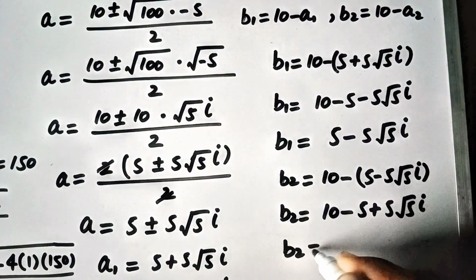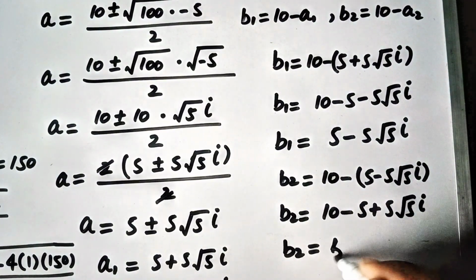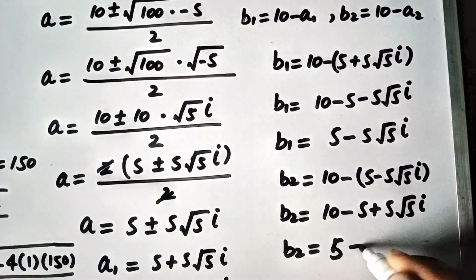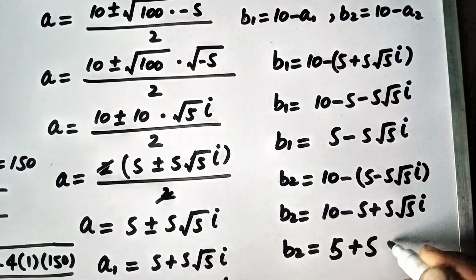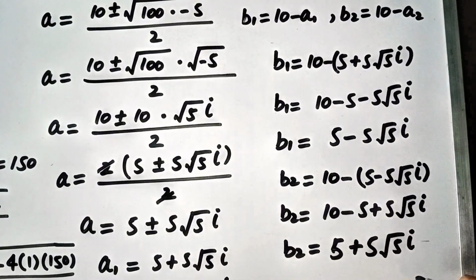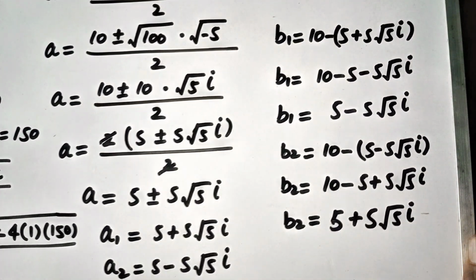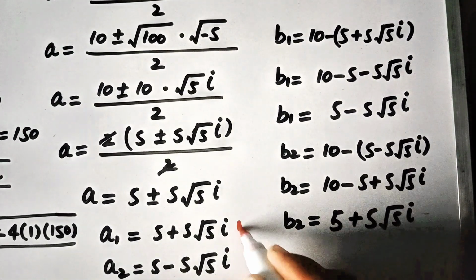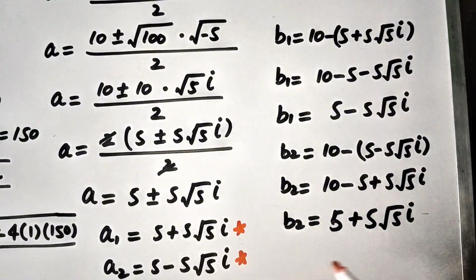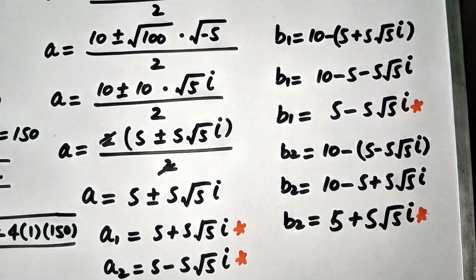Now b2 is equal to 10 minus 5, which is 5 plus 5 times root of 5 times i. So here we have gotten two values of a as well as two values of b.